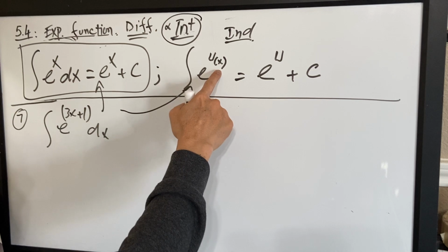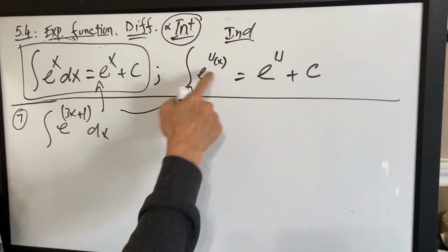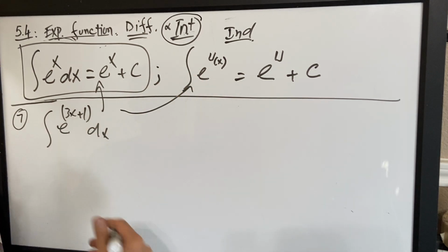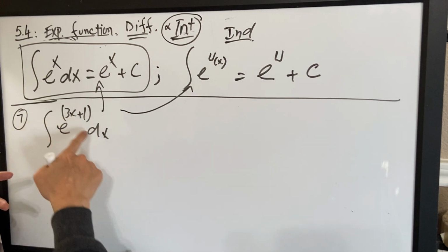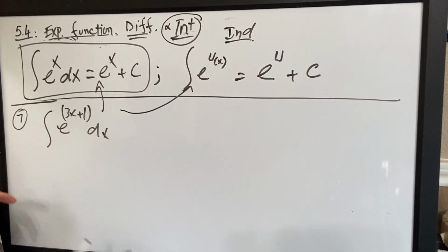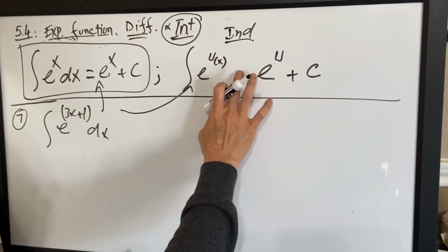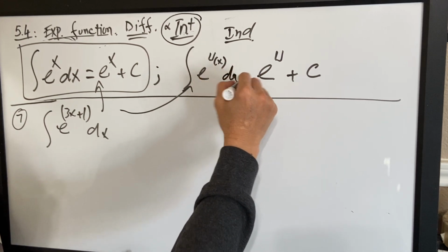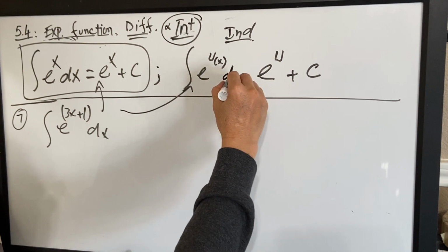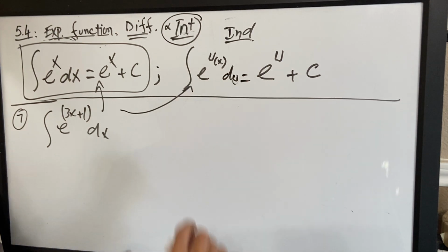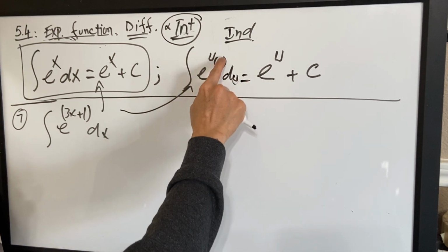So I need to convert this into that form, by turning every x variable into a u variable, and I must not miss a very important piece right there, du. Okay, guys, du.